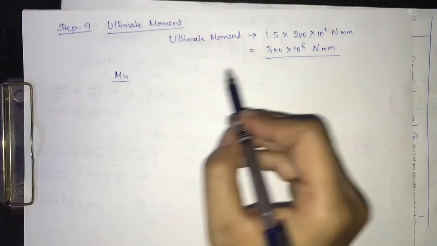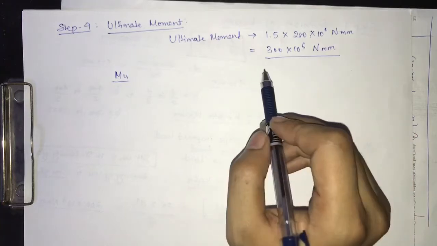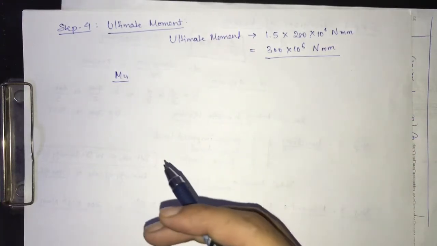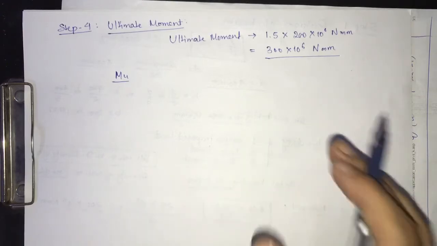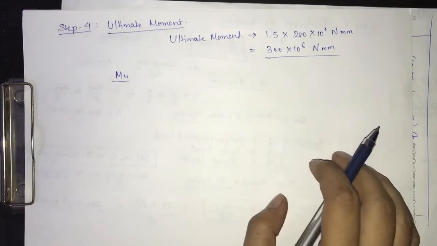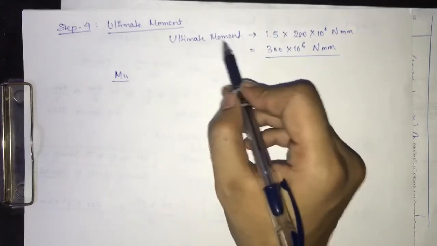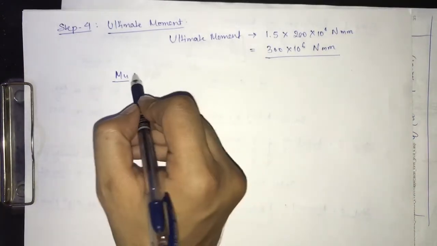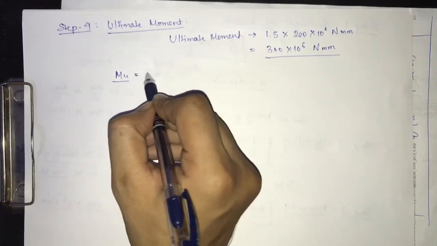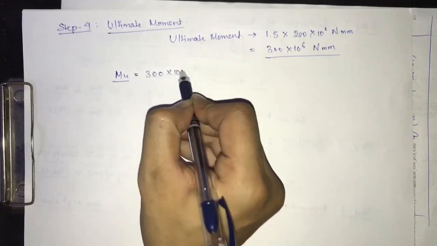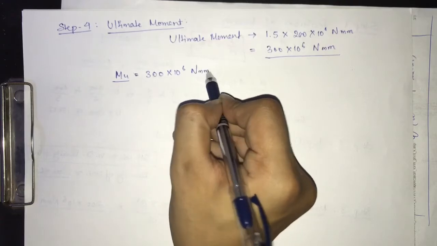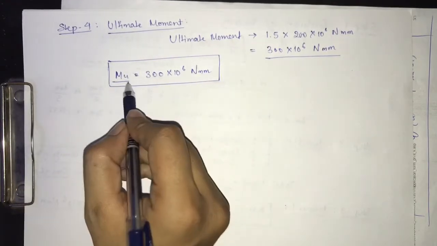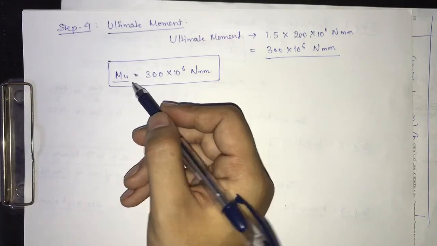And this 300 kilonewton meter is the applied moment on the beam, and the same has to be resisted by the structure. And we are also using the factor of safety, so we are on the safe side. So our moment of resistance is equal to 300 into 10 power 6 Newton mm. Now we will use this moment for our further calculations.